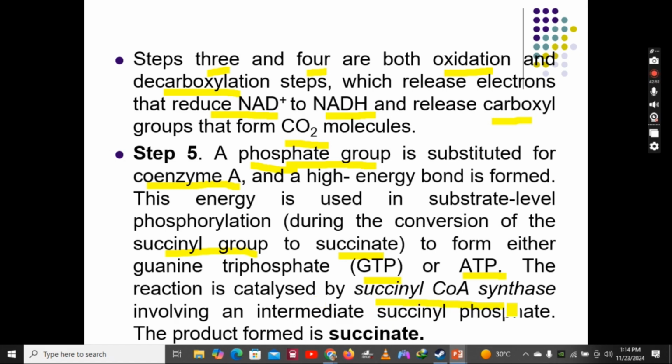This is the enzyme that catalyzes step number 5, involving an intermediate succinyl phosphate, and the product that will be formed is succinate. This is how the succinate comes in. Succinate is produced at step number 5 of the citric acid cycle.